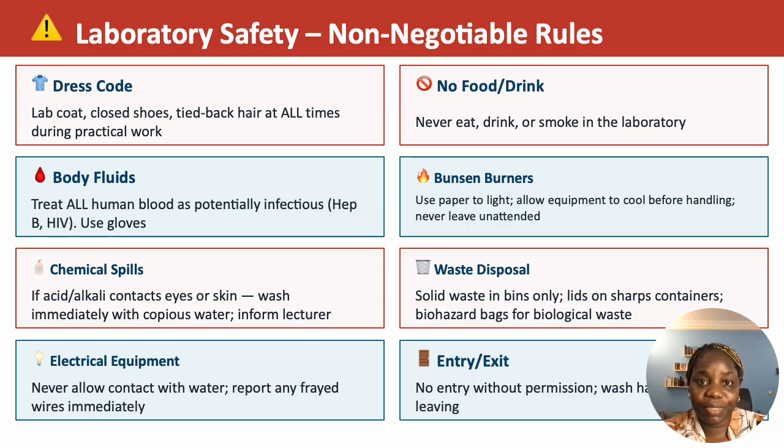This must be done with gloves on, and any lancet or syringe used must go directly into the sharps container. Don't play with that. A solid, really sharp-proof container, okay?